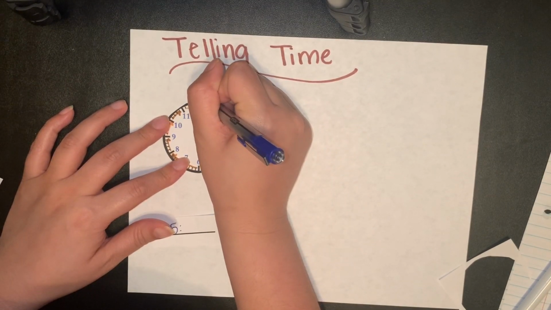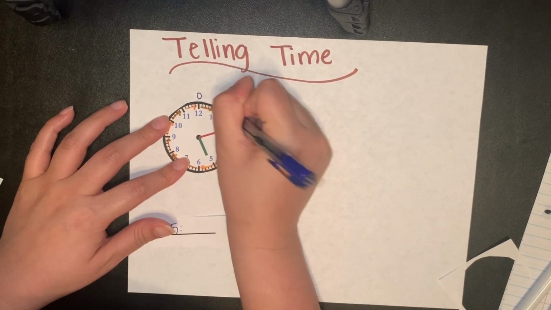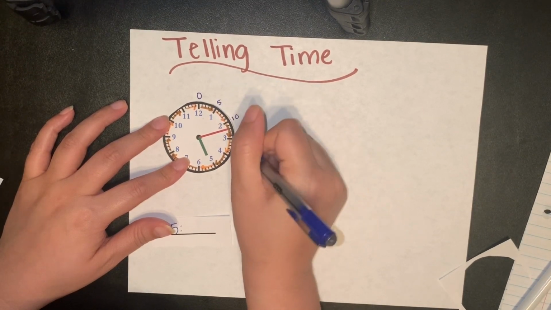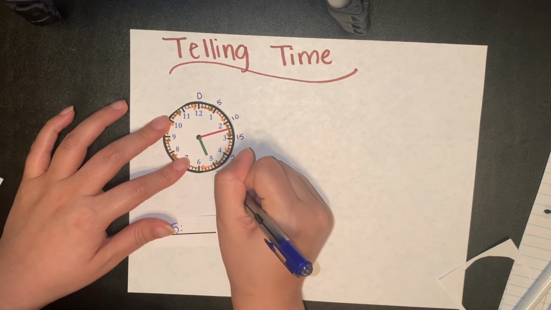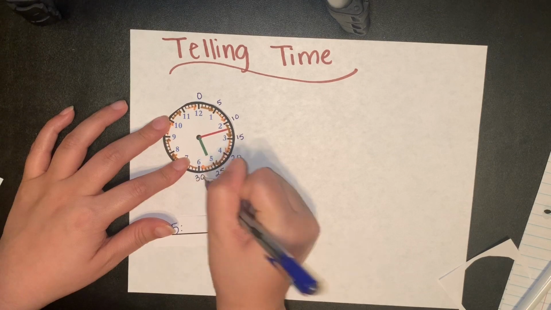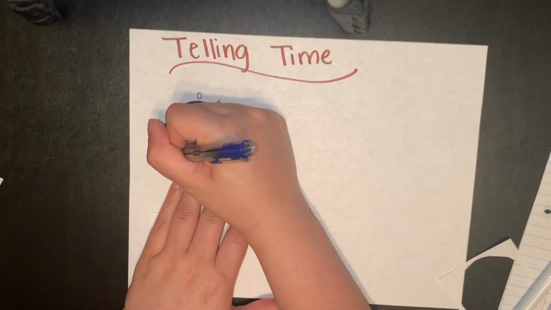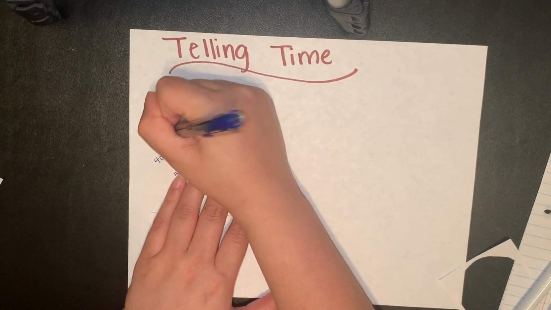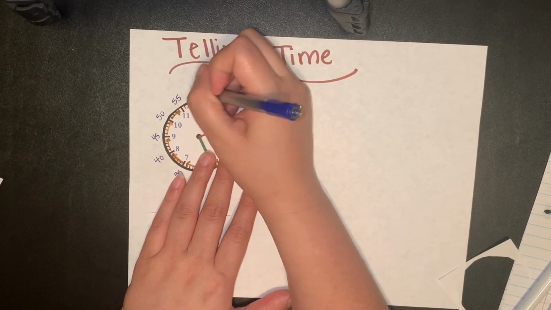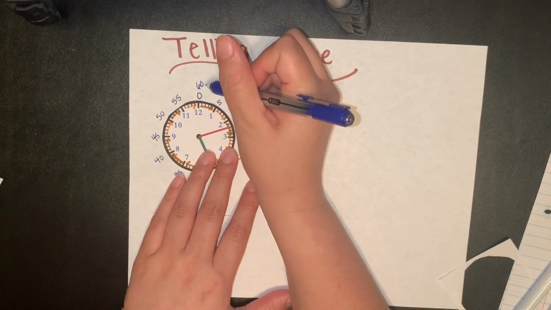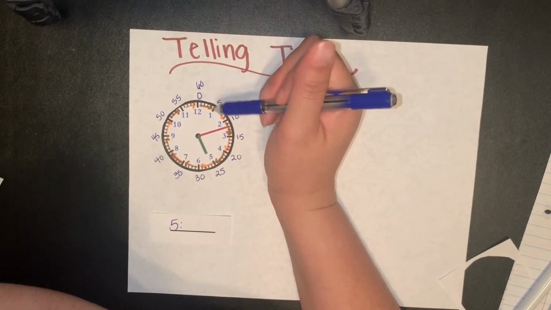So we're going to start at 0. Then we count 5, 10, 15, 20, 25, 30, 35, 40, 45, 50, 55, and if we make it back to 0, it has actually been 60 minutes. 60 minutes is equal to 1 hour.